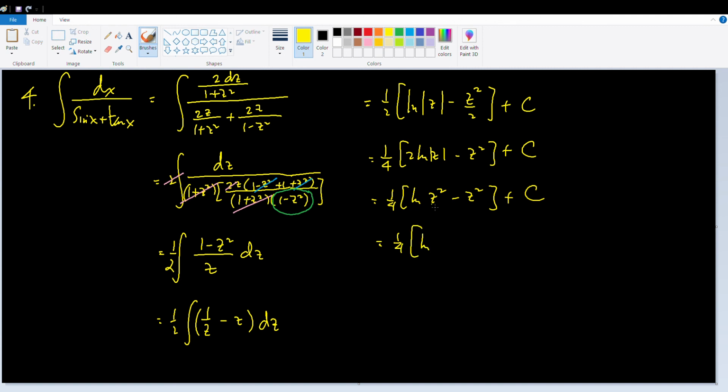And c becomes tangent x over 2, so c squared is tangent x over 2 squared, minus c squared again is tangent x over 2 squared, plus c.